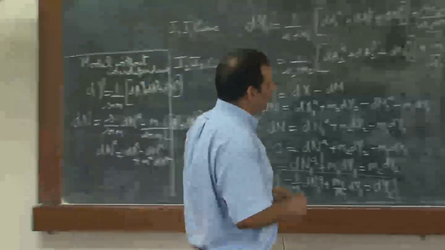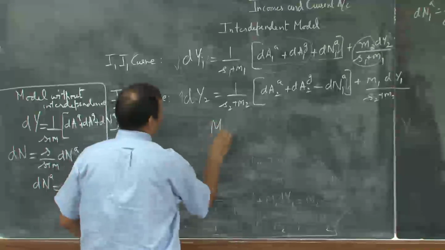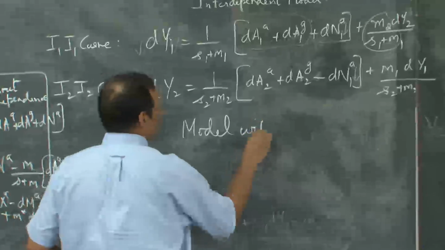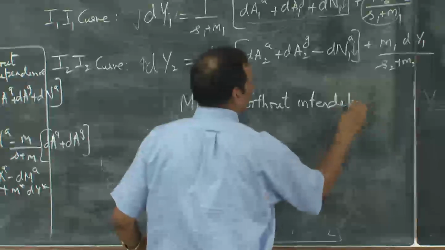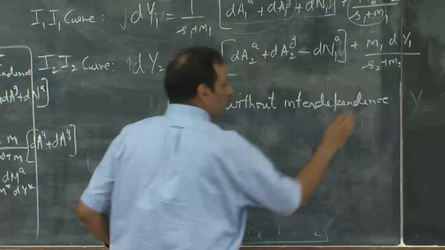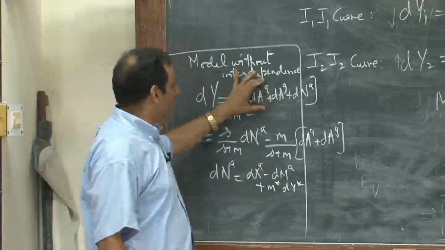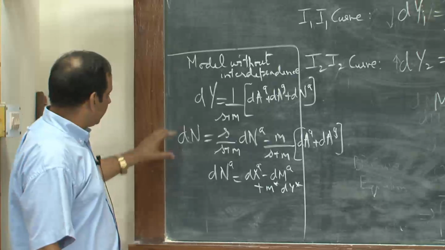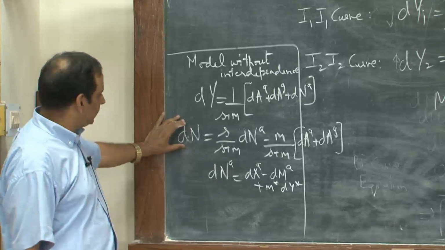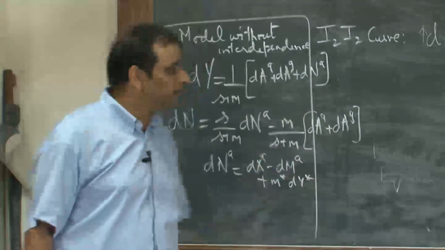So let's discuss the first case. This is again a model without interdependence. So we are back to the one economy world, where the change in income is directly related to the expenditures and the autonomous change in net exports, and the current account balance is directly related to the autonomous change in net exports and the expenditures.